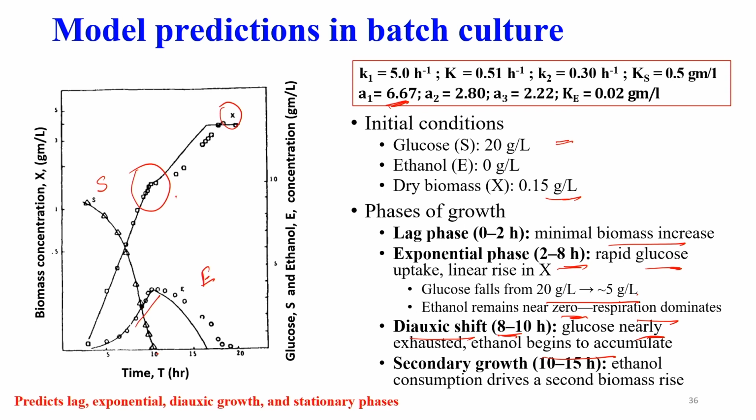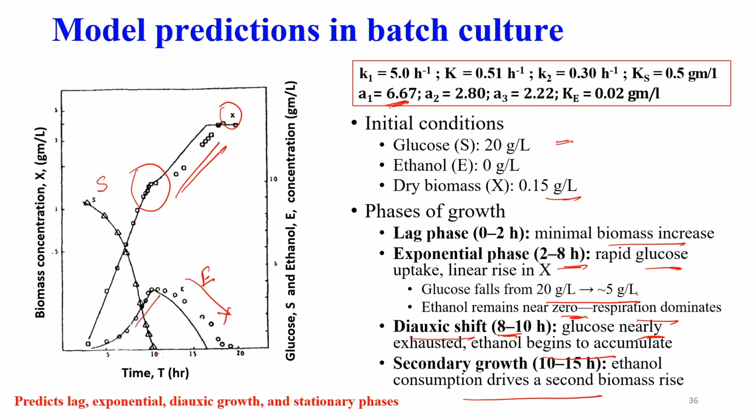Now we are going to see further secondary growth here. How is this secondary growth taking place? This secondary growth is taking place because sugar is already exhausted, so there is consumption of ethanol.